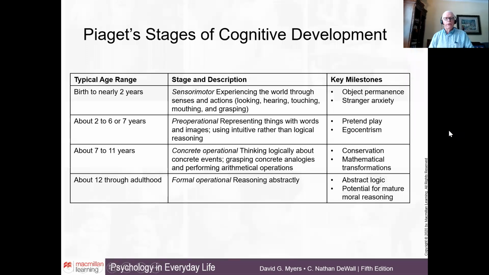Looking at this chart, we can, in addition to taking a look at the two stages of Piaget's theory we've already talked about, we can see his other two stages, the concrete operational stage and the formal operational stage. In the concrete operational stage, children develop the ability to think logically, and they can solve problems, but their thinking is still anchored in the physical world.